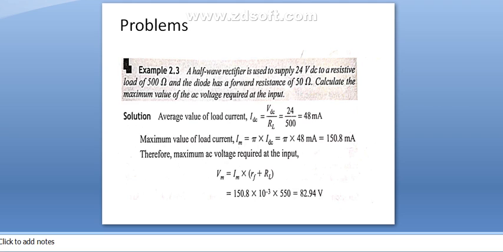Here RF equal to 0. Then substitute RL value. So here IM is 150.8 milliampere, so 150.8 into 10 power minus 3 into RL value 550 ohms. So it becomes 82.94 volts. Okay. Here we have calculated the input maximum voltage.